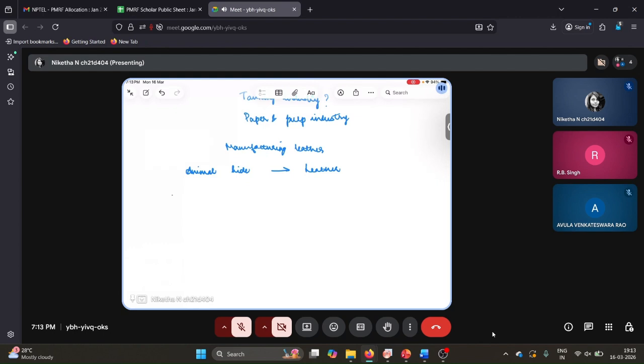The wastewater that comes from tanning industries or tanneries usually has high BOD. So what is BOD here? What is the meaning of BOD? Or at least tell me what BOD stands for.